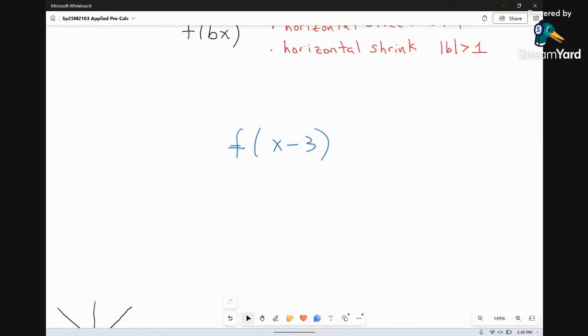What does that do to a graph? It shifts it. Which direction? Right or left? Right. Because it's x minus, and we associate minus to the left.